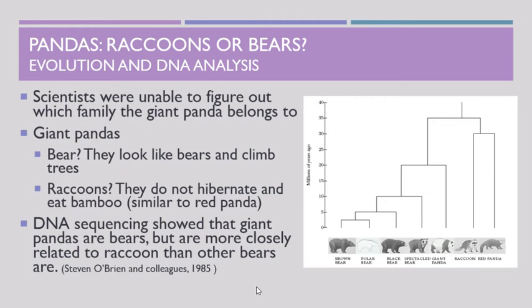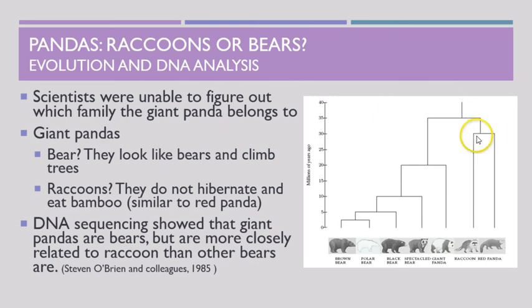Well, when you look at the DNA, panda bears, while splitting off very early, one of the earliest bears to split off, are in fact more closely related to their next bear cousin than they are to the raccoon family, okay? And so you get these guys splitting about 35 million years ago.